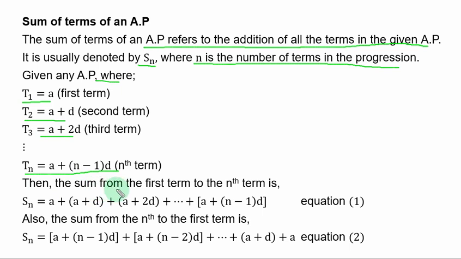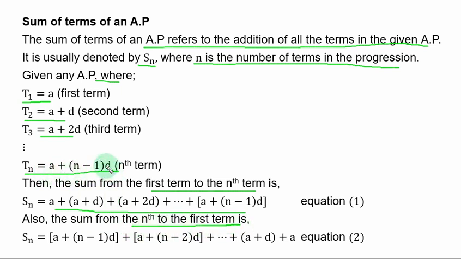Then the sum from the first to the nth term, if you start adding from a plus (a + d) plus (a + 2d) till the nth term, is this. That is equation 1.